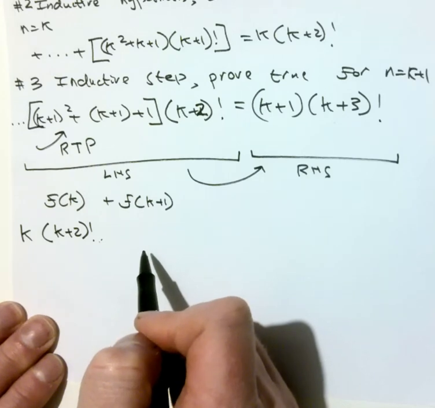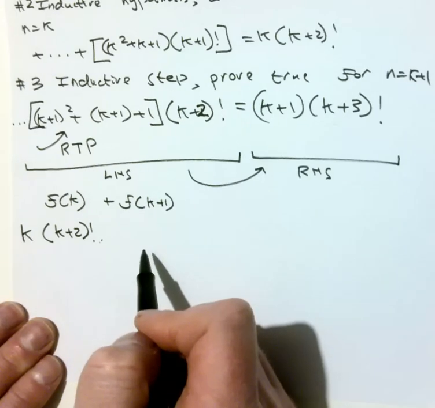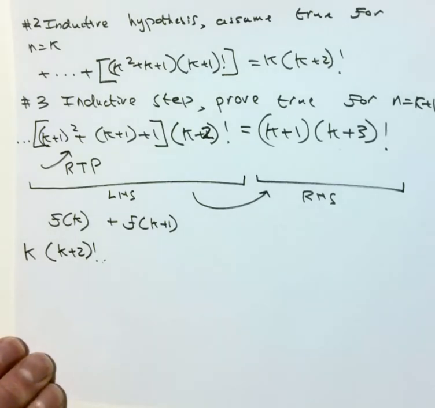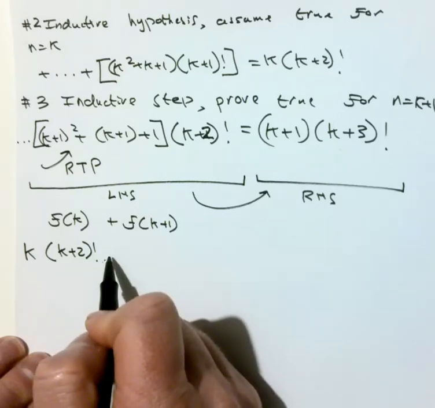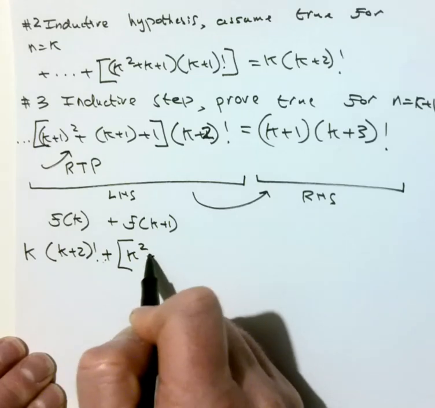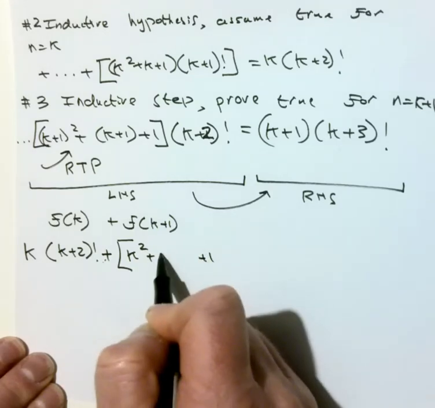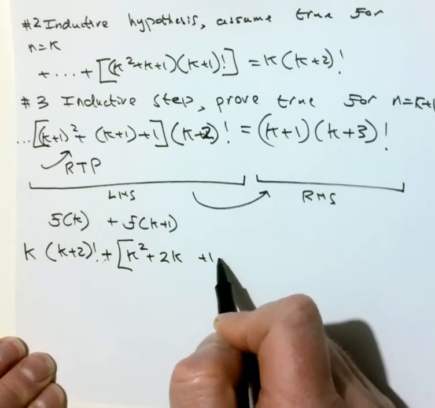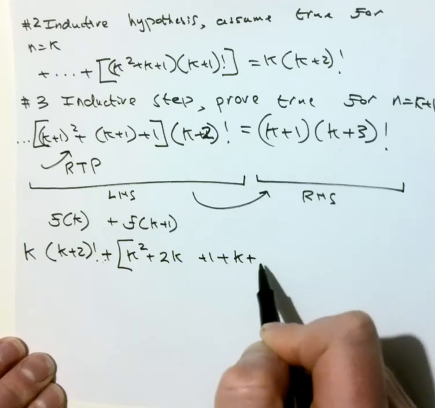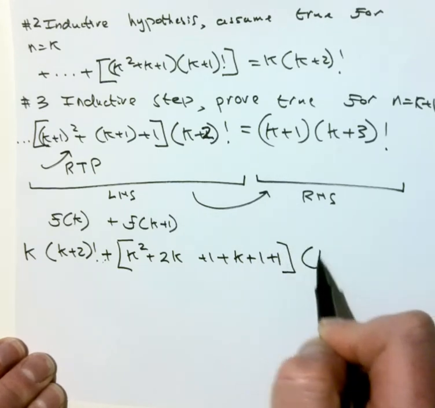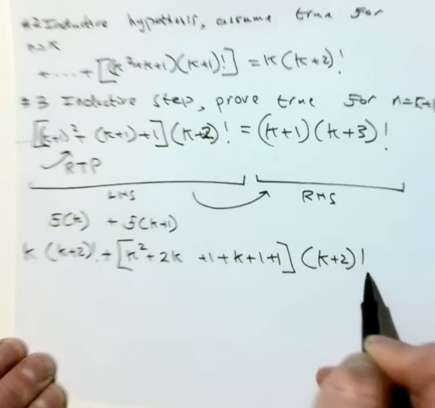So that's the insertion, and the inductive hypothesis is important because it's used in the inductive step, and we have this lovely thing: square the first, square the last, double the product. We also have k plus 1 plus 1 all multiplied by k plus 2 factorial.